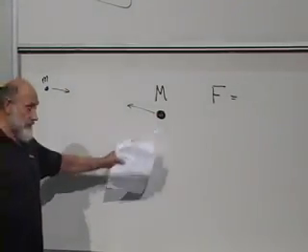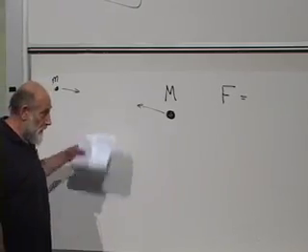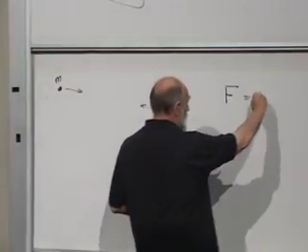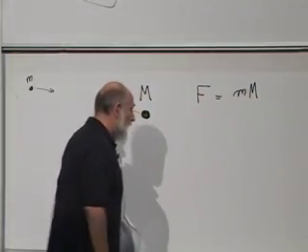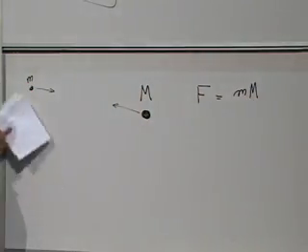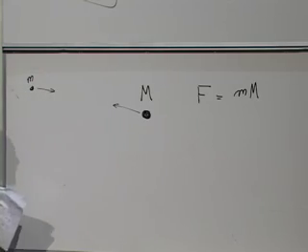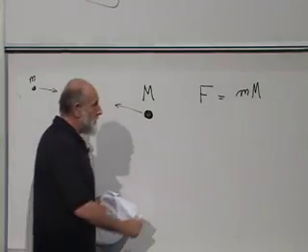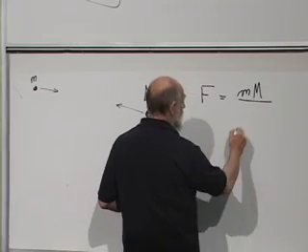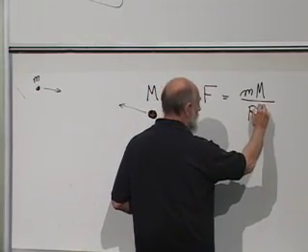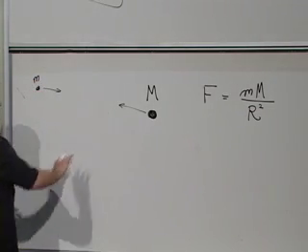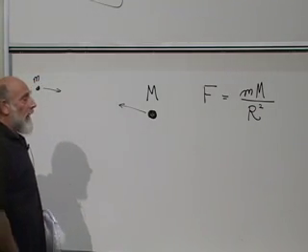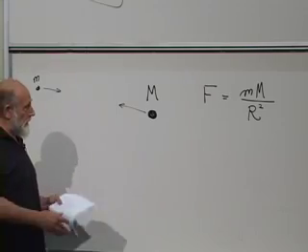Making either mass heavier will increase the force. So the product of the masses, big M times little m, is inversely proportional to the square of the distance between them. Let's call the distance between them r, so r squared. Right? And there's a numerical constant.